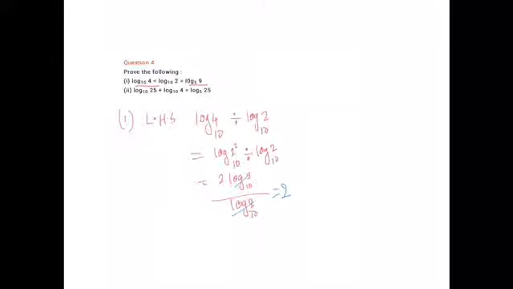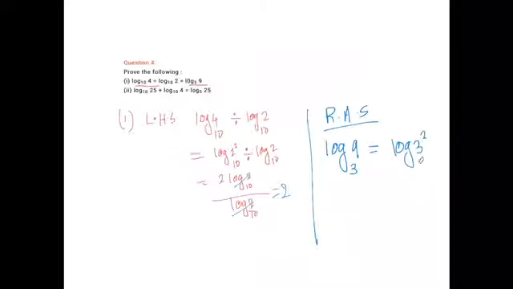And let's see what happens to RHS. Base 3 can be written as, so this is equal to 1. So again my answer is 2. So I can write LHS equal to RHS. Proved.